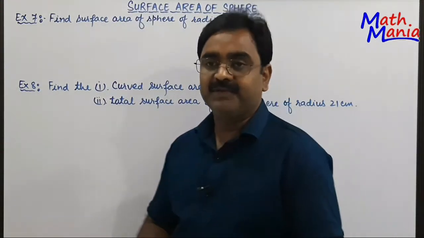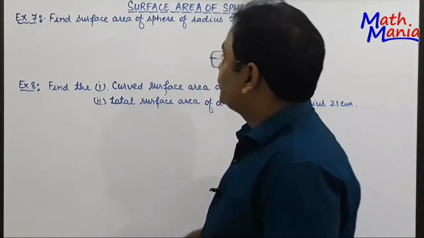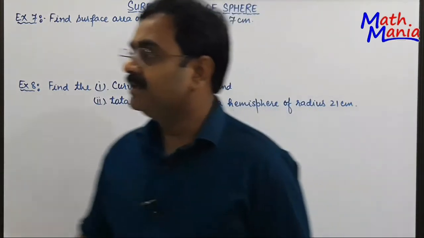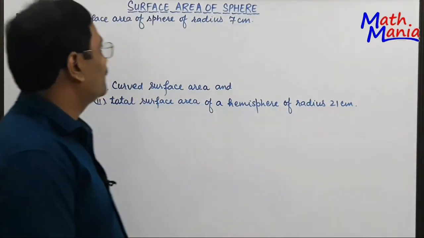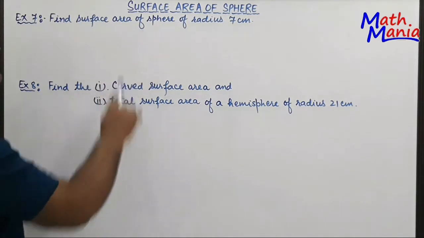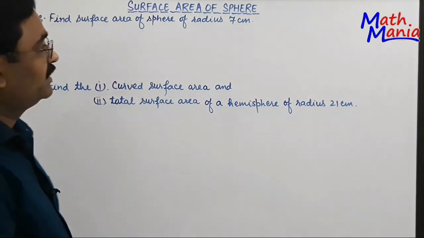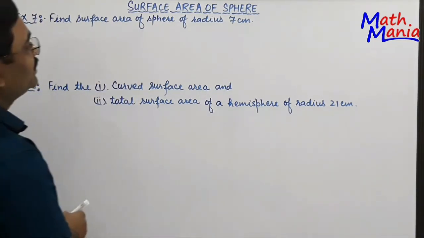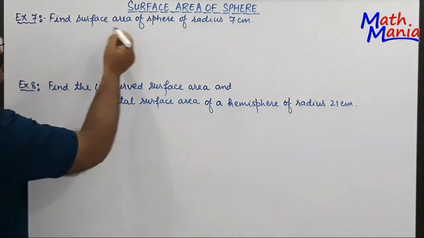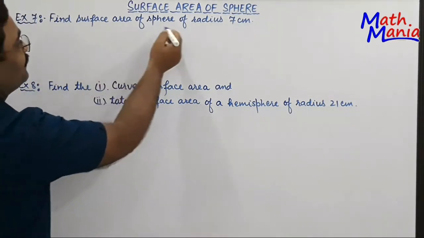Okay friends, first, example number 7 is given. Find the surface area of a sphere of radius 7 cm. As its radius is given as 7 cm, it is a sphere.